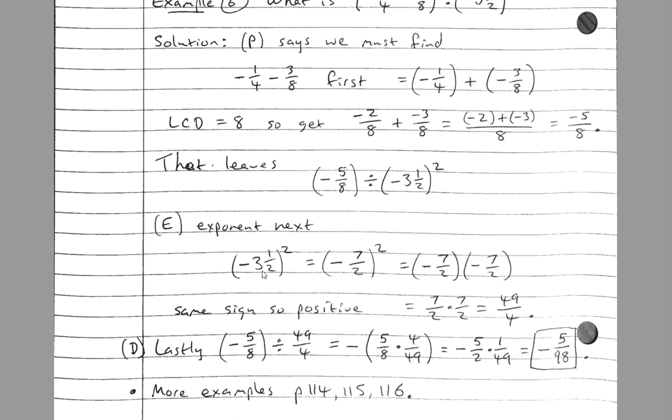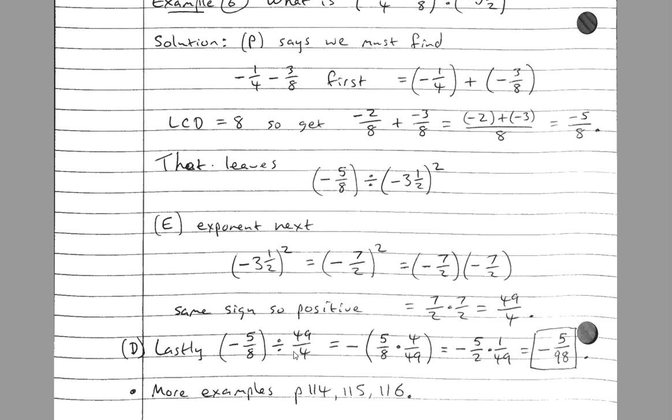So multiplying mixed numbers, convert them to improper fractions first. So it's 7/2 times 7/2, that's 49/4. All right, so this piece turned into 49/4, a positive number.